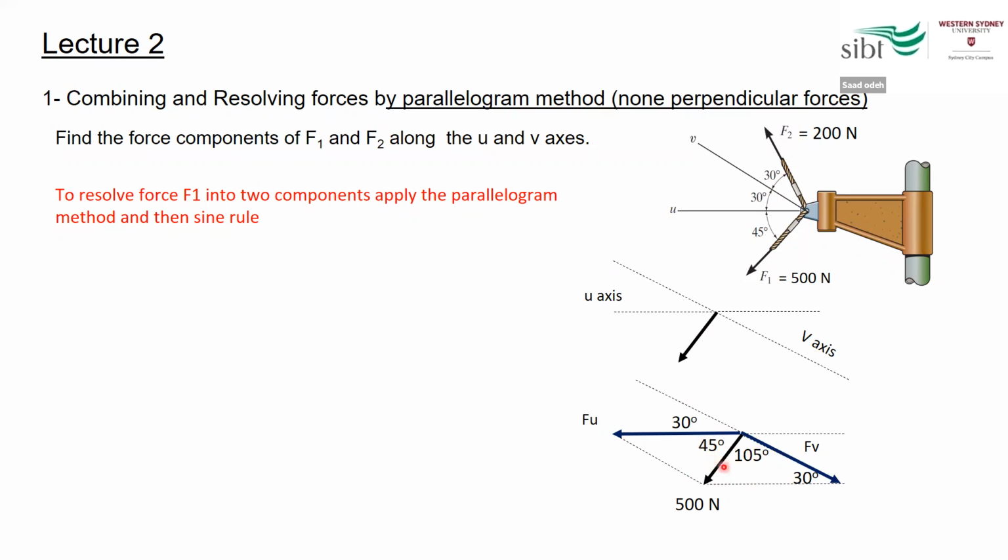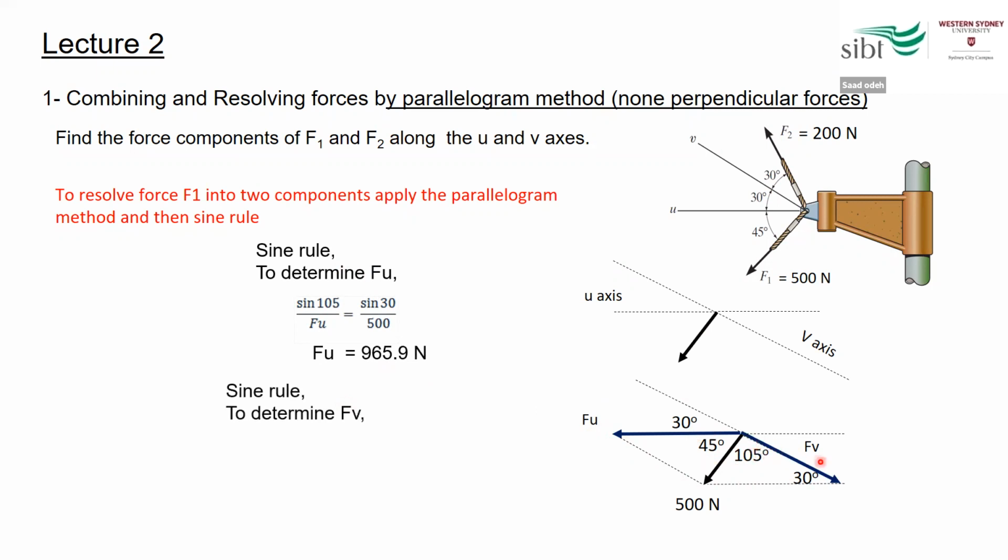So I can put these angles here, and then apply the sine rule to find the component Fu. I can also apply the sine rule for Fv. The same thing, I can put these values: Fv over sine 45 equals sine 30 divided by the force opposing the angle, which is 500. And then you can find Fv.